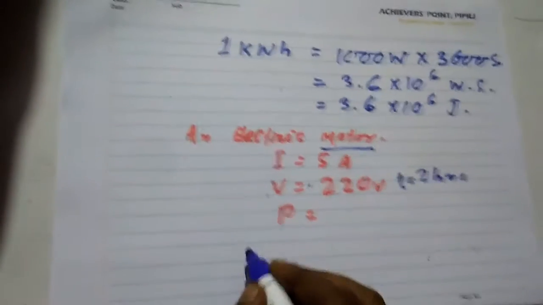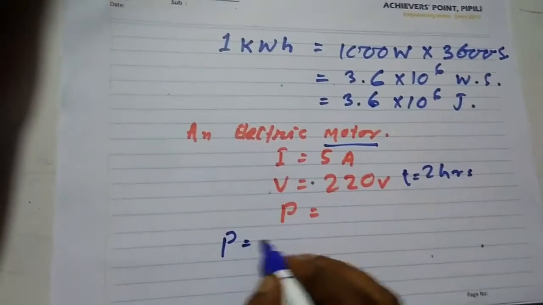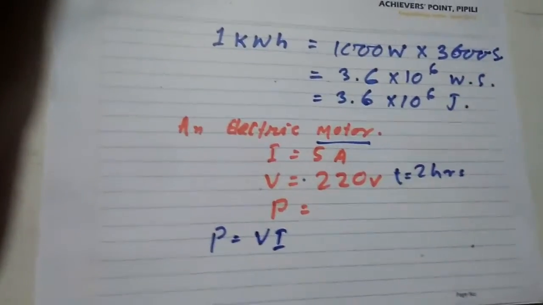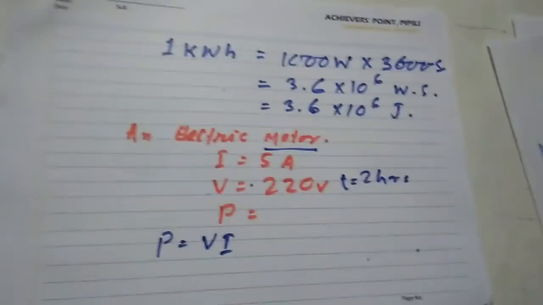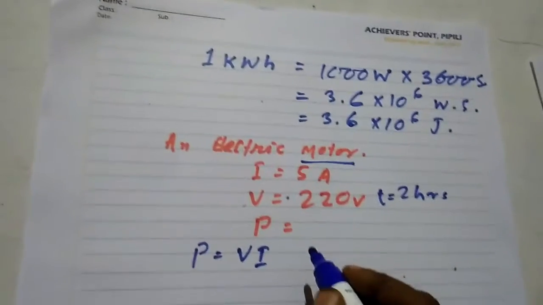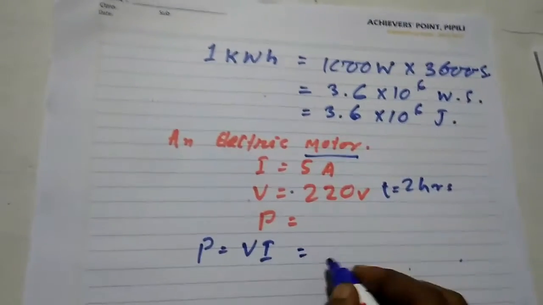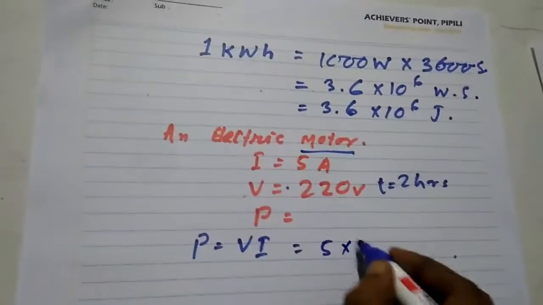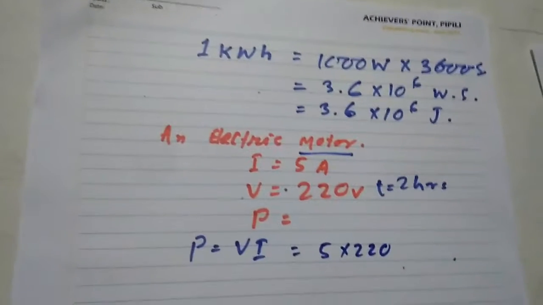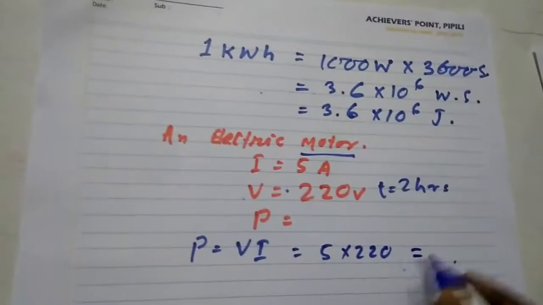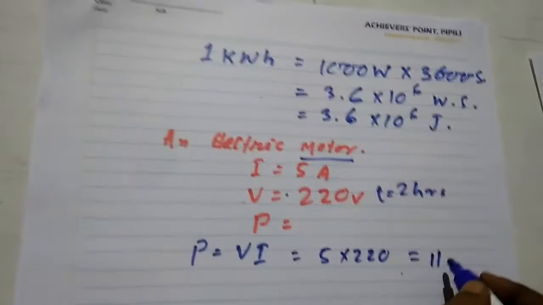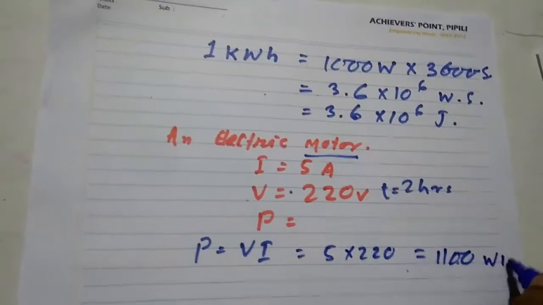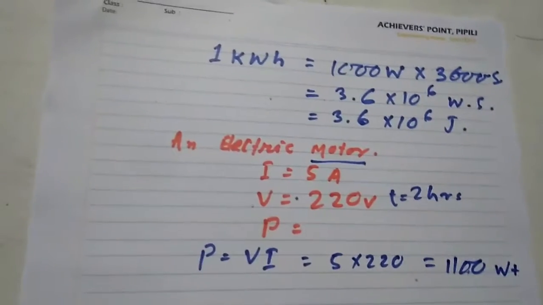We know that power P equals V times I, the product of potential difference and current. So here the potential difference is 220 volt and the current is 5 ampere. This becomes 1100 watt.